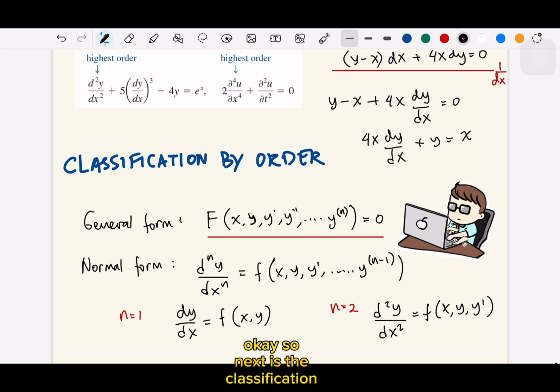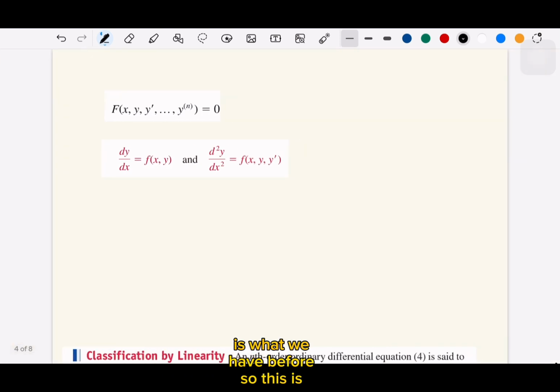Okay, so next is the classification by linearity, because the linearity will be important because there will be some techniques that are specifically directed to these linear functions. Okay, so this is what we have before. So this is the general form.